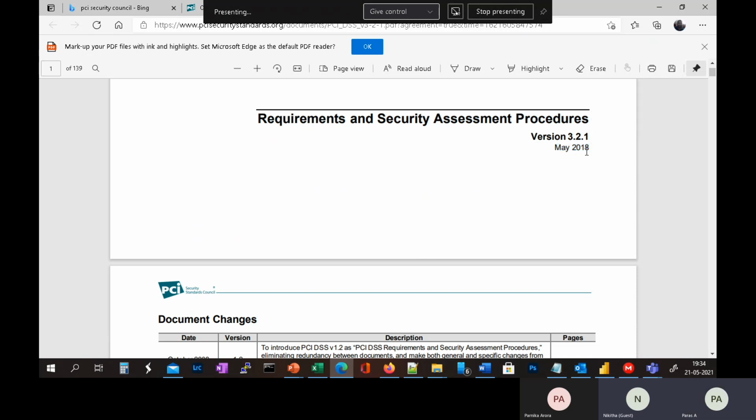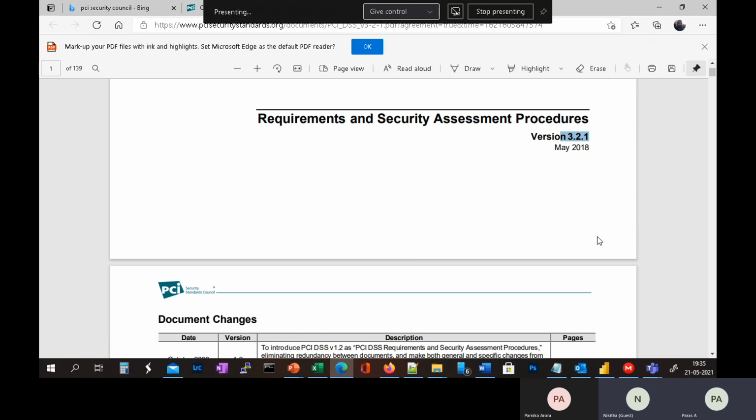Which means that this year, 2019, 2020, 2021 is the third year. So this year, a version 4 or an upgrade version of 3.2.1 will come out. As of today, if I have to implement PCI, I will go with version 3.2.1.